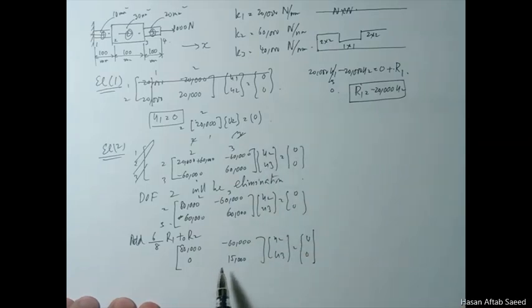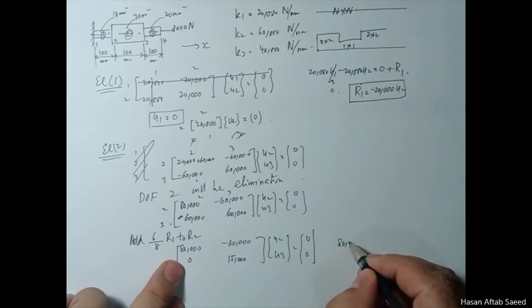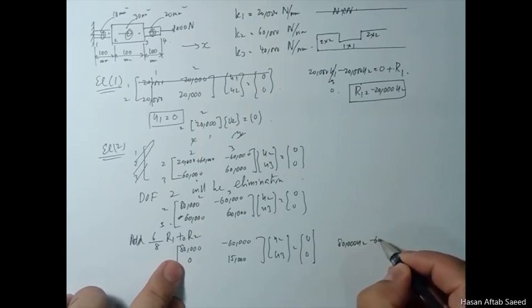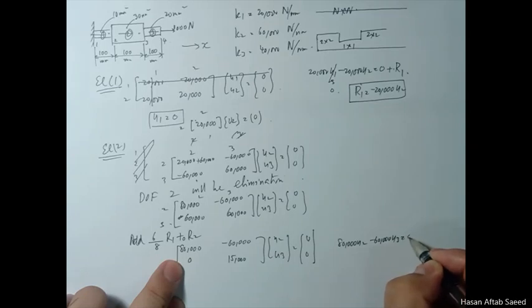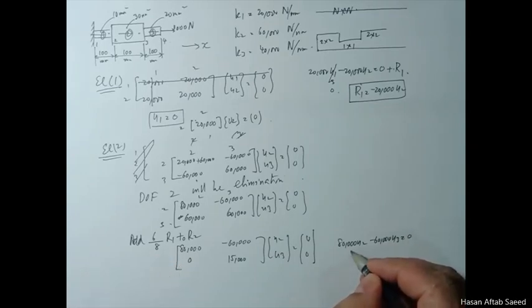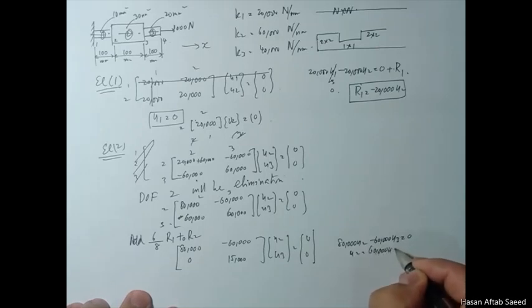But now you are in a position to, because this is 0, write 80,000 u2 minus 60,000 u3 is equal to 0, and then you can write u2 is equal to 60,000 u3 over 80,000. You can simplify this. 6 over 8 u2 is basically 3 over 4, 0.75 u3. You just write it down.